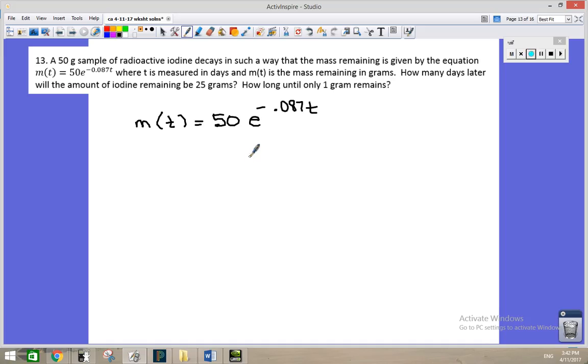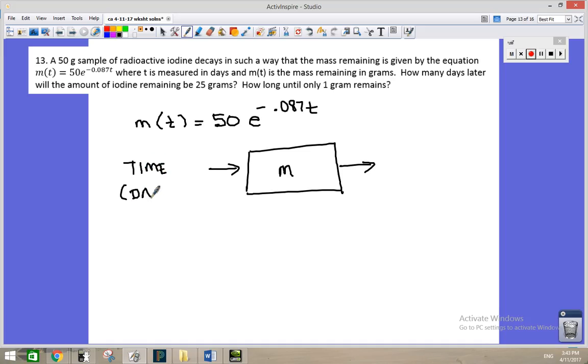Let's think about this function as far as input and output. This function has this equation as a rule. But what I'm interested in is trying to get you to think about what the input and output is telling us. We input a length of time, and that length of time is measured in days. At 0 days, at t equals 0, we have 50 grams.